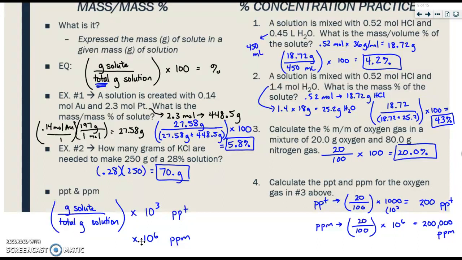For the percent mass oxygen, it was again 20 divided by the total times 100. And then for number 4, you use the same fraction, the 20 over 100, but instead you multiplied by 10 to the third, or 1,000. And then for ppm, same fraction times 10 to the sixth.